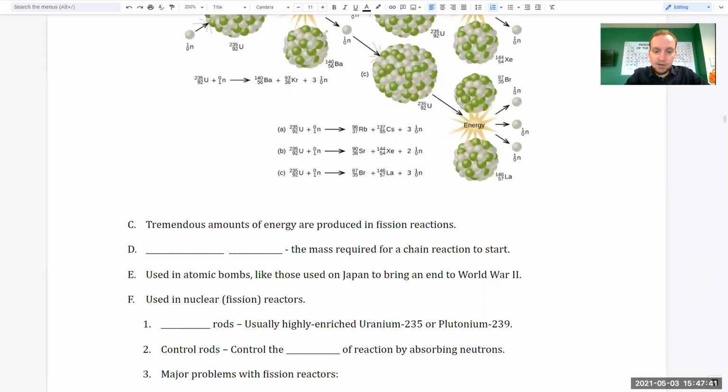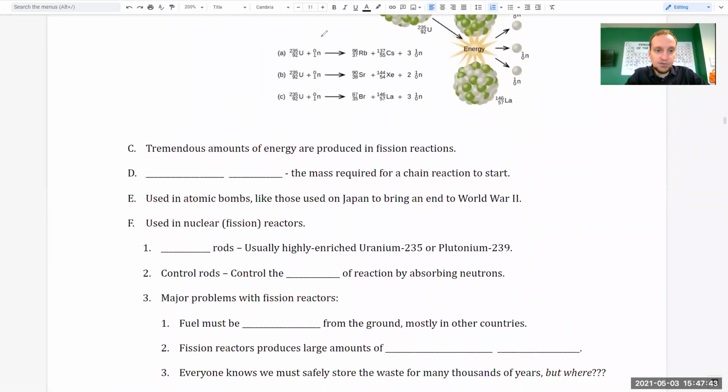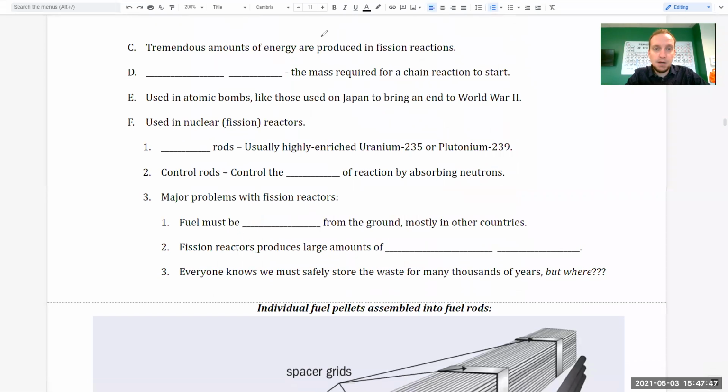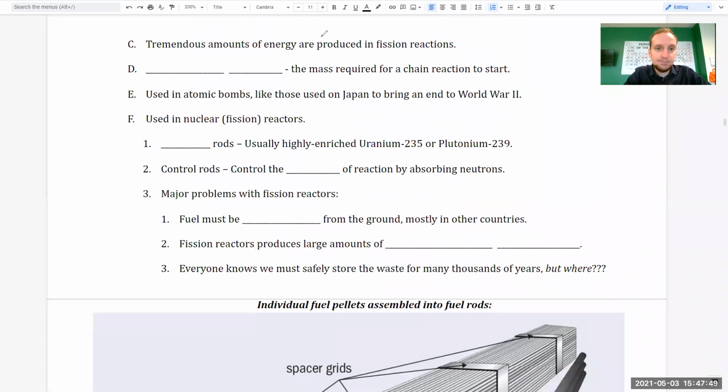All right, now that we understand what a chain reaction is, like it says here, there's a tremendous amount of energy produced in fission reactions. This is why we use them for power plants. There's something called a critical mass. A critical mass is the amount of material that you have to have in order for a chain reaction to start.